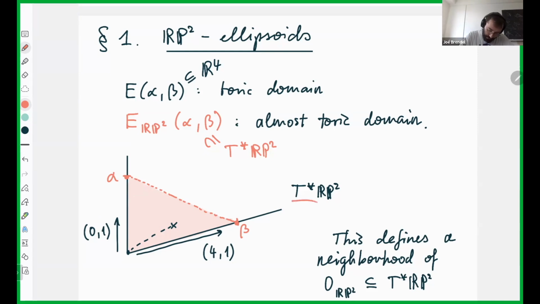So the actual T star RP2 is the full cone, so it would go to infinity in both directions. And you see that this is sort of a non-Delzant vertex here. And you have a branch cut line plus a node coming out of it. So this is very almost toric.